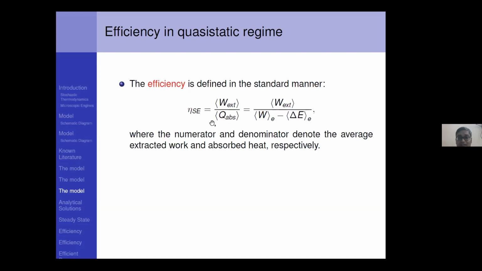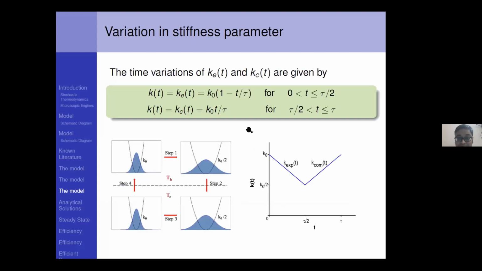As someone raised the question, yes, in the previous slide. So the temperature changes at exactly tau by 2, is it? When do you take it from hot to cold?